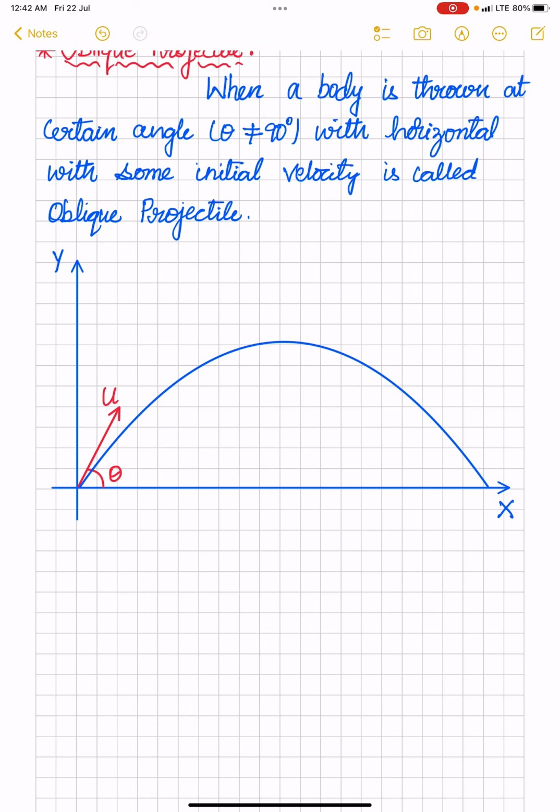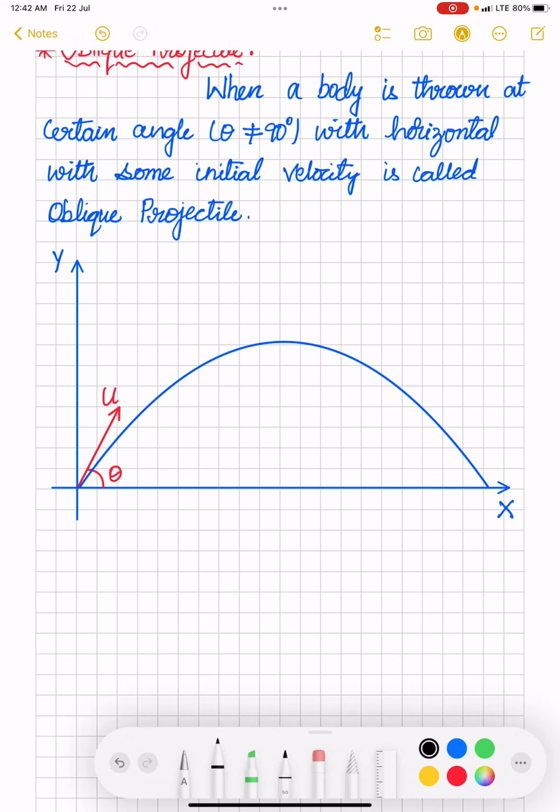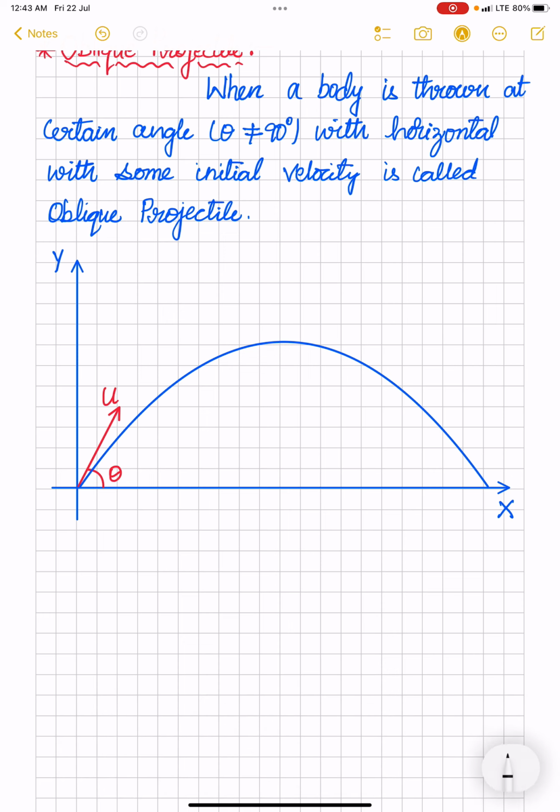So u is your initial velocity, and here this initial velocity is making an angle theta to the horizontal. What you can observe here, the velocity can have its components, right? As we already discussed, the components are like this.